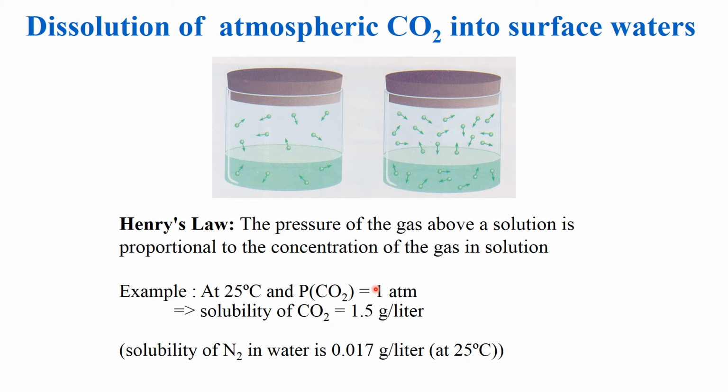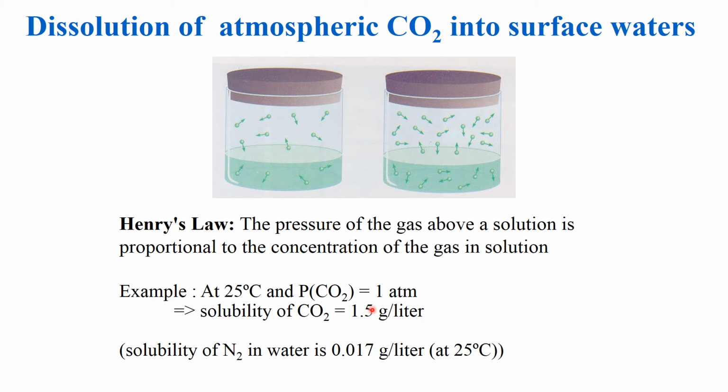Now you'll see here that this solubility constant is different for different gases. You can see here that you can get a lot less nitrogen into the water than you could for CO2.